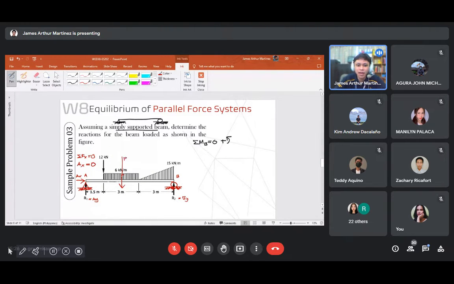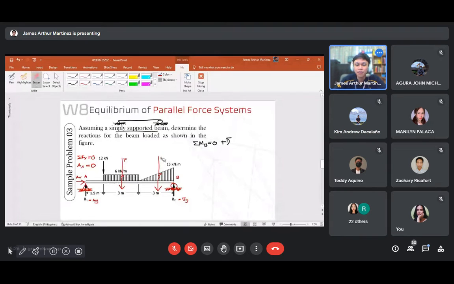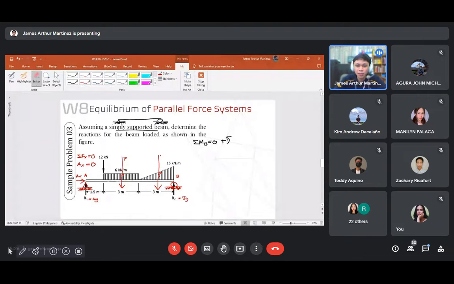If we name it force P, and then this varying load we also convert into its equivalent concentrated load, I will name it F. Okay? So now, what is the magnitude of these equivalent concentrated loads?